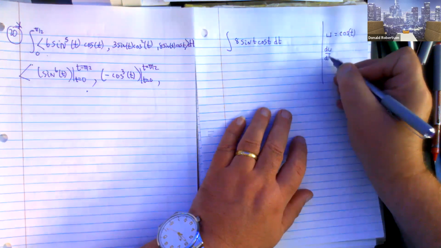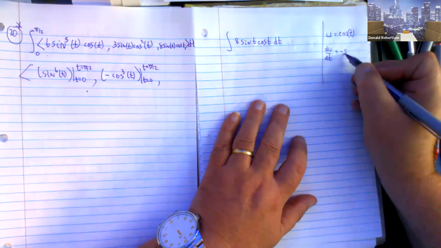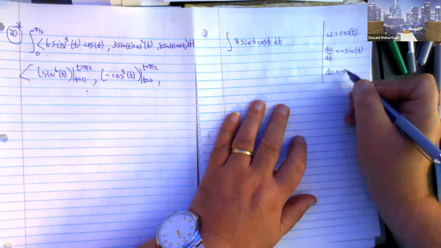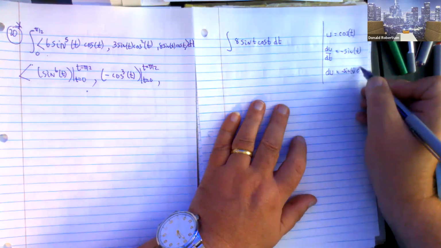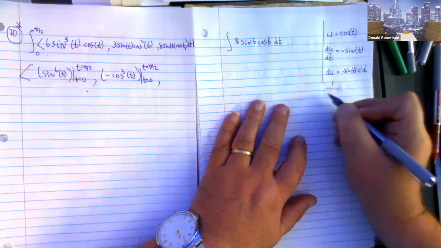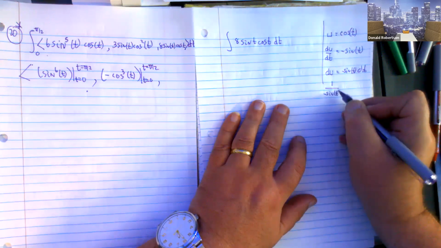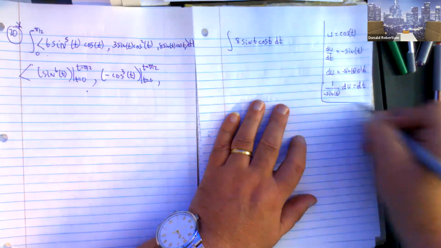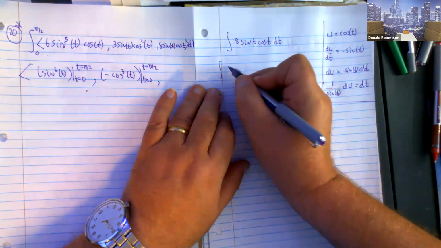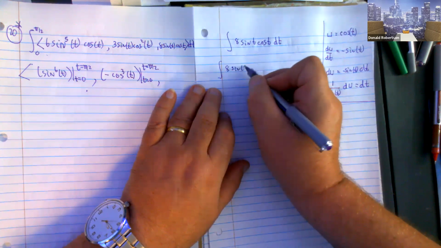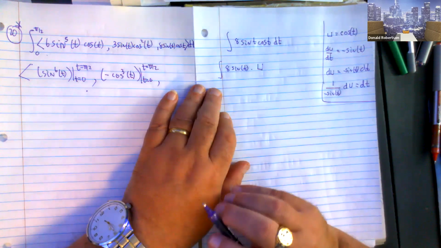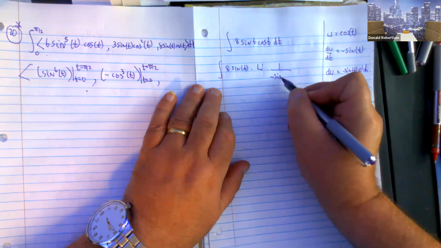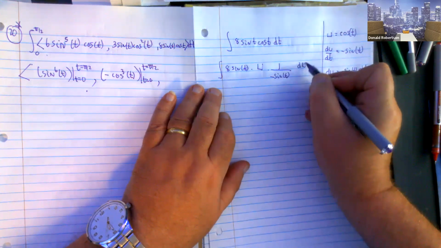So if you differentiate this guy, you'll get negative sine t, and there's the isolated dt. So we now have 8 sine t cosine, which is u, dt, which is this guy, du.